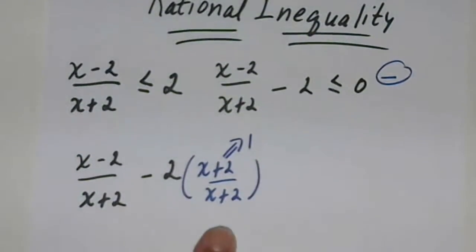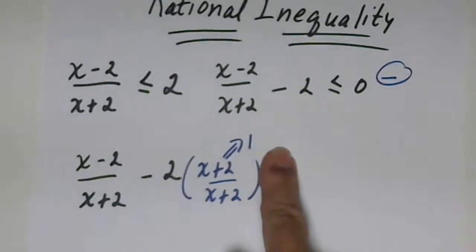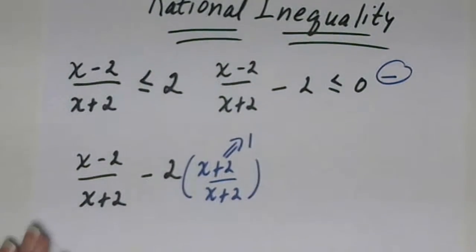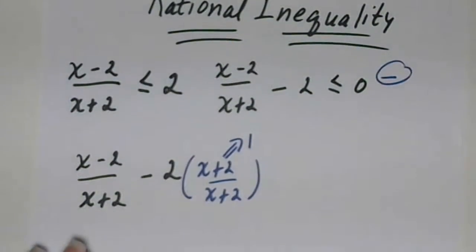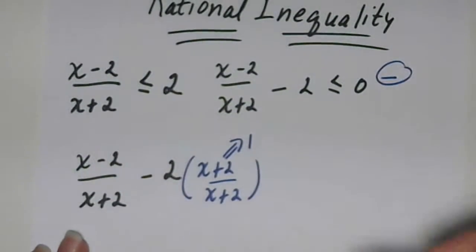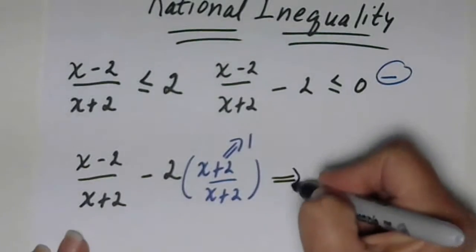Whenever the numerator and denominator are the same, we have a 1. So negative 2 times 1 is still negative 2. We're not changing the quantity we're looking at here. What we're doing is, in essence, making the negative 2 more complicated, but this way we will have it in fraction form with a denominator so we can combine into one fraction.